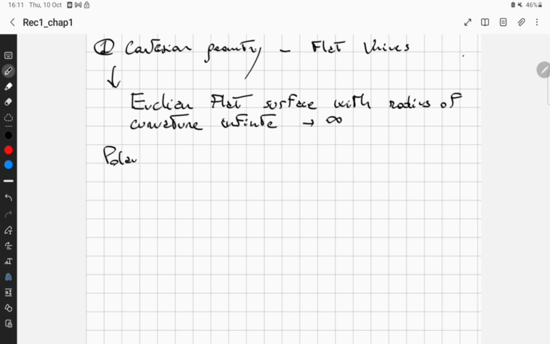So this is better described with polar coordinates.